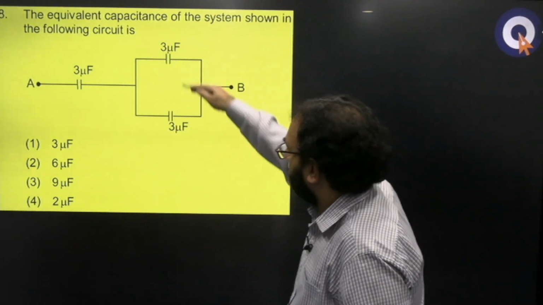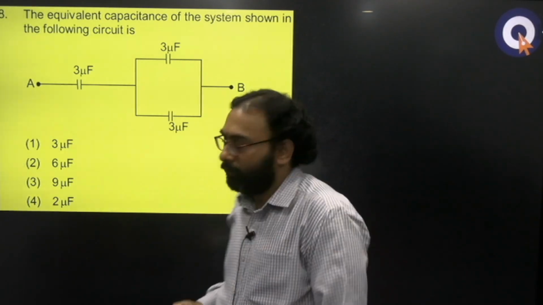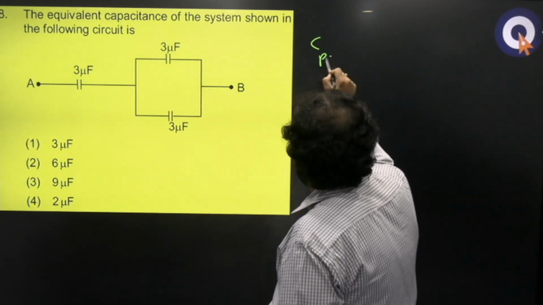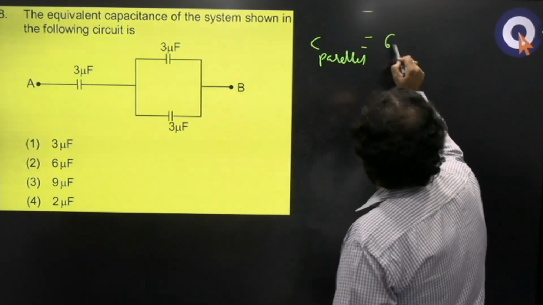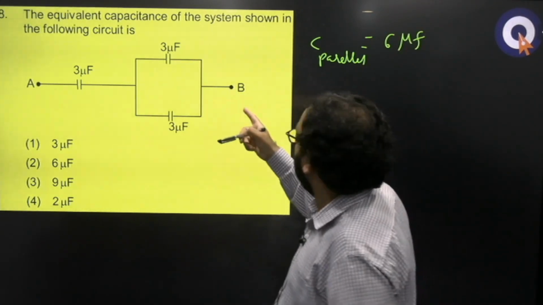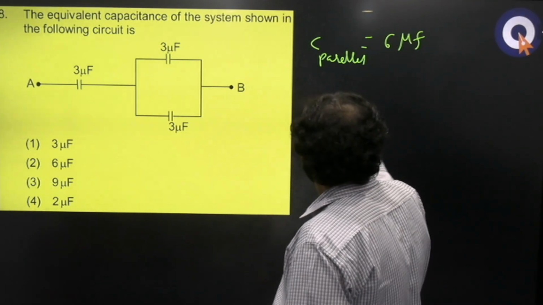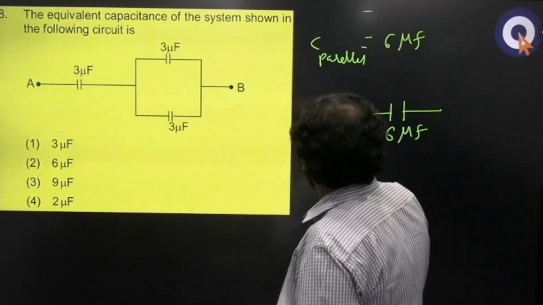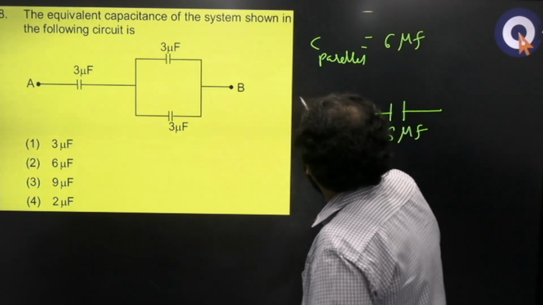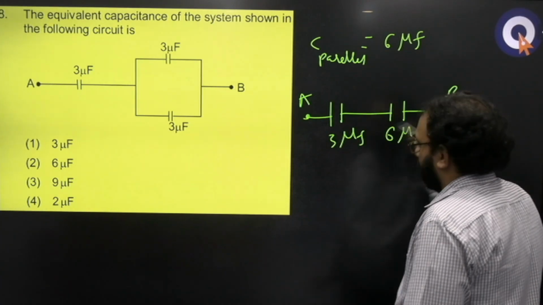These two capacitors, 3 and 3, are in parallel. So C parallel will be C1 plus C2, that is 6 microfarad, and this 6 microfarad is in series with the 3 microfarad. So we have to calculate the effective capacitance of the two.